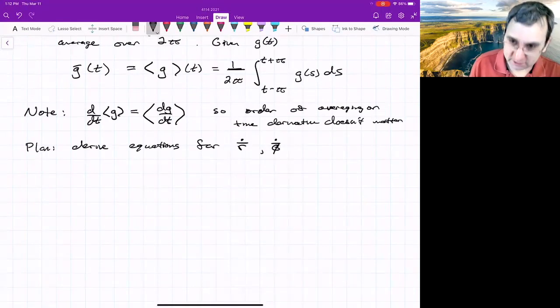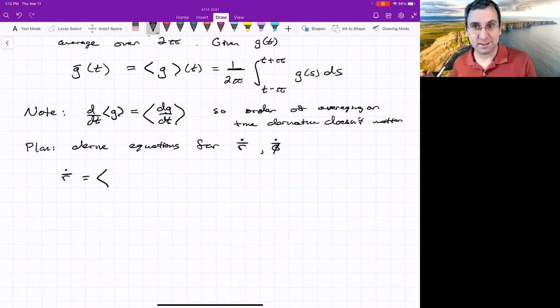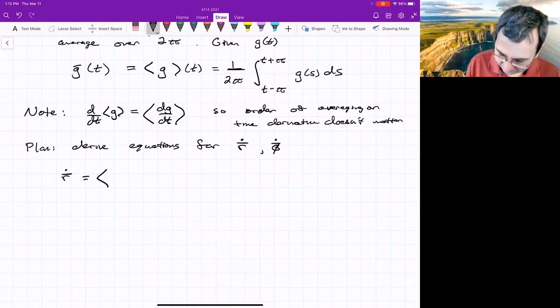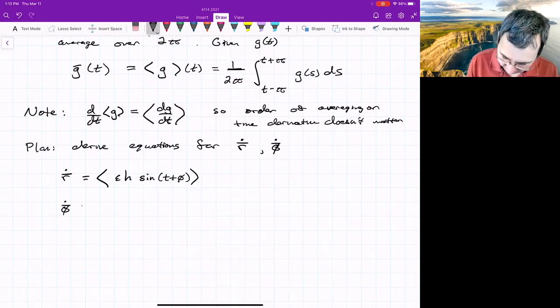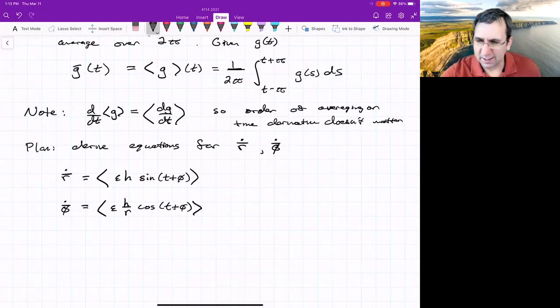So what we get is r bar dot equals, we'll take the time average of the right-hand side of the ODEs. So that was epsilon h sine(t plus phi). And phi bar dot is the time average of epsilon h over r cosine(t plus phi). And we're going to make an assumption here.